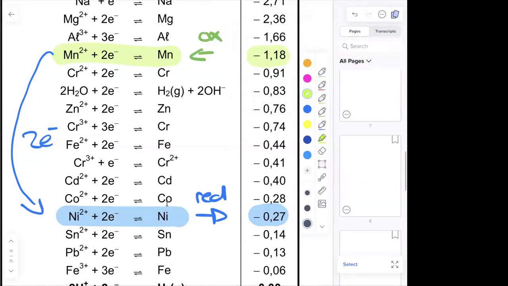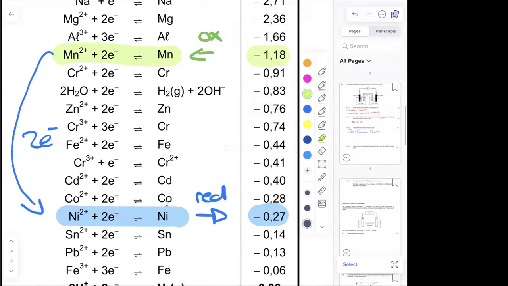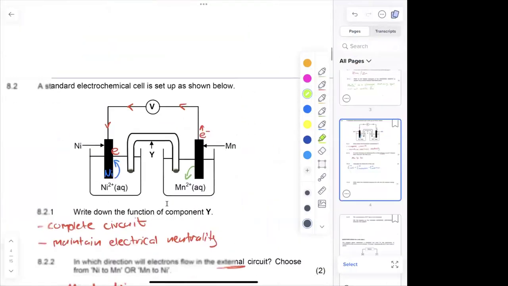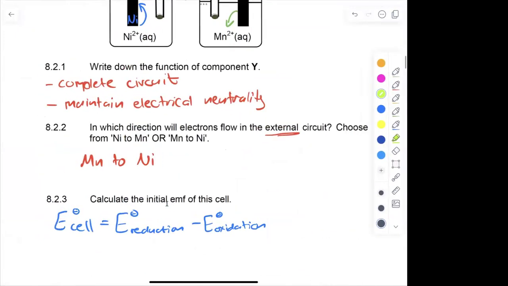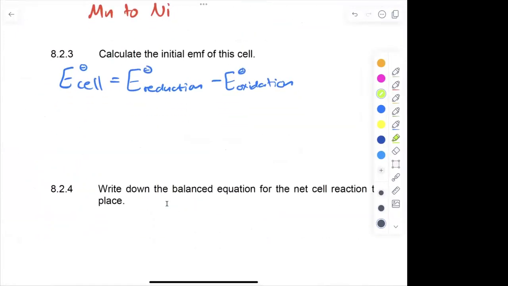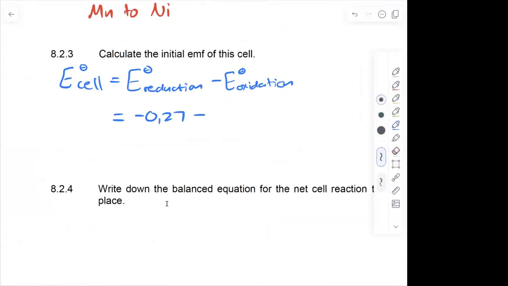Let's quickly go back and plug those in. And then as we plug these values in, we can see the following. So reduction, we said, is a negative 0.27 minus, and then the oxidation was going to be a negative 1.18.